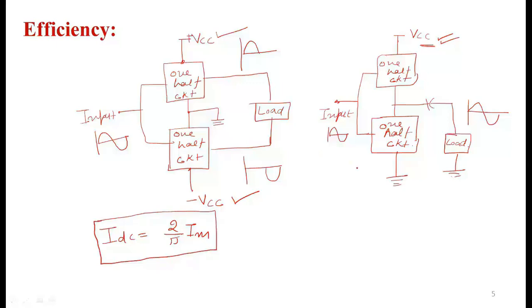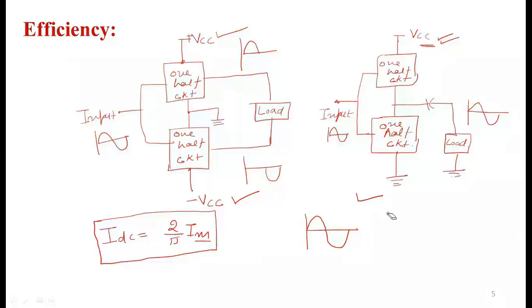Whether we are using this kind of circuit or this kind of circuit, in both cases, for the full output containing both the cycles, the average or DC current which is taken from the supplies, we can write as IDC is equal to 2 by pi into Im, where Im is the peak value of the current.